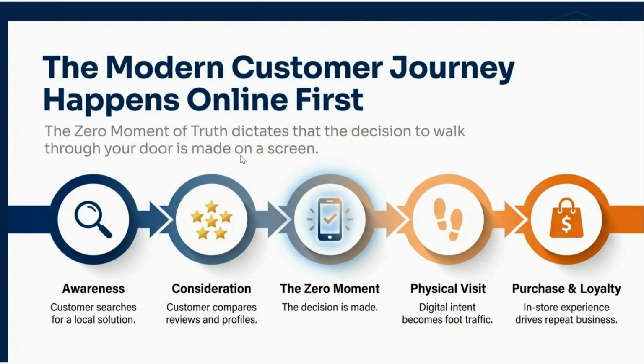Now, this is how it works. This is the customer journey for everyone that buys products or services online. This is the chain of events. Number one is awareness. It's very, very important. The awareness stage helps customers to see what you do.